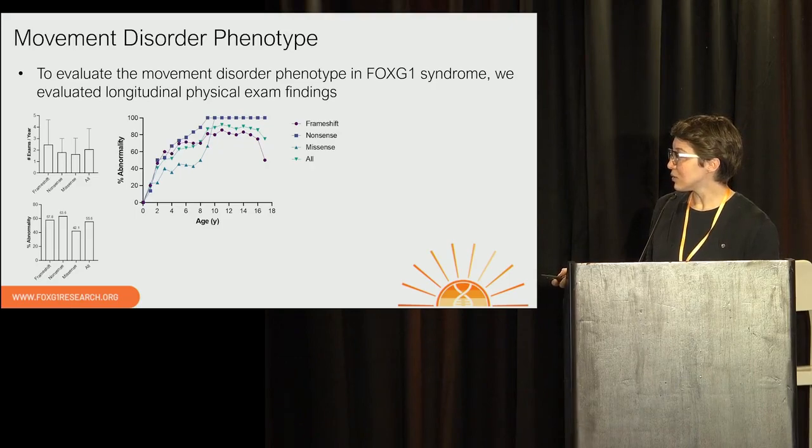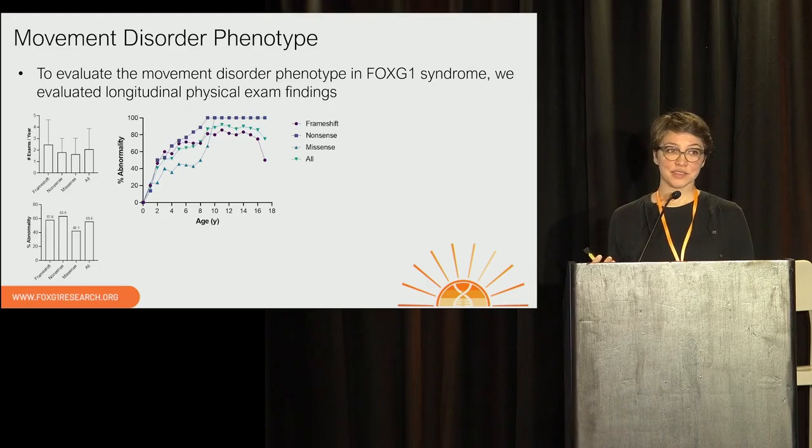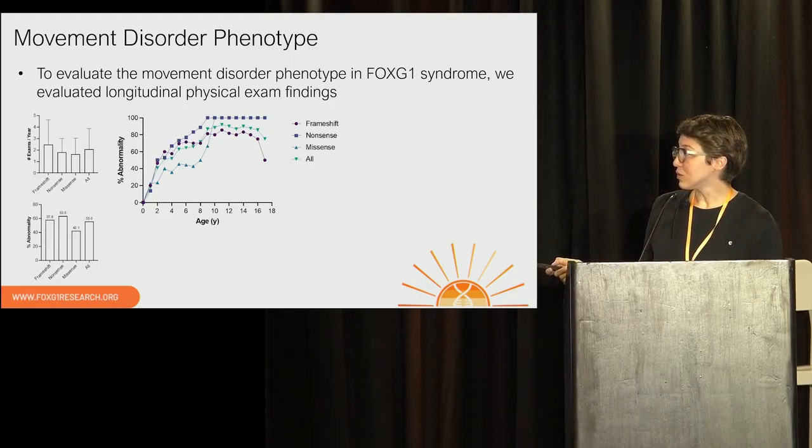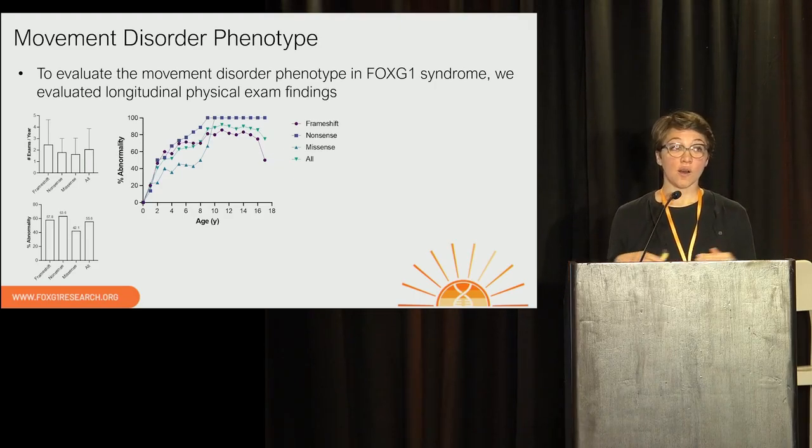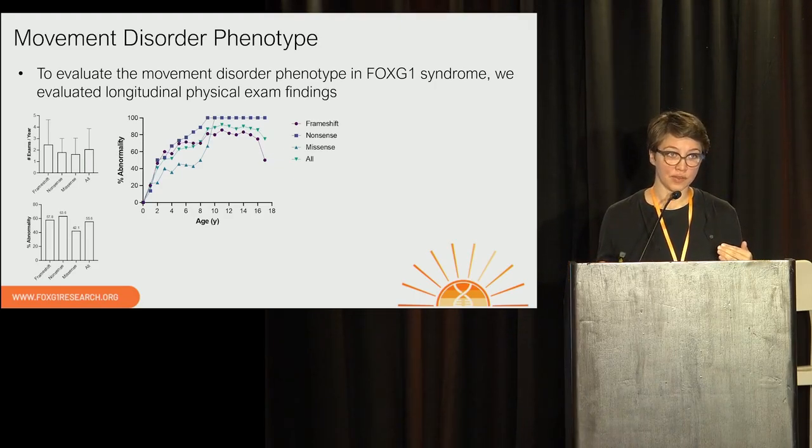One thing to point out is that by 3 years of age, half of exams will have an abnormal movement finding. And then we also note that individuals with nonsense and missense variants by about 8 or 9 years of age all have abnormal movement findings on their exam.